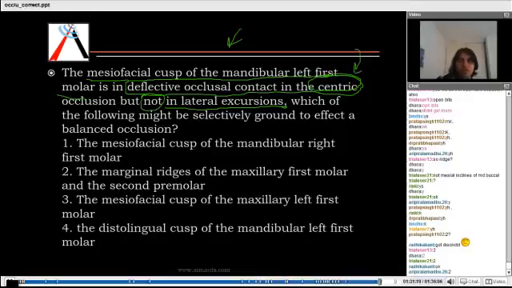We are talking about centric occlusion, isn't it? Mesiofacial cusp of the mandible: is it a holding cusp, a supporting cusp, or a functional cusp?